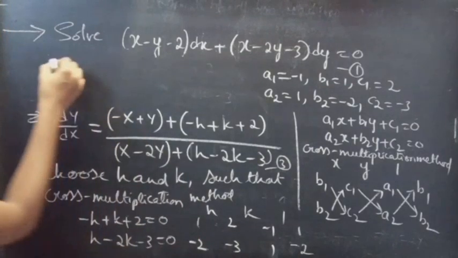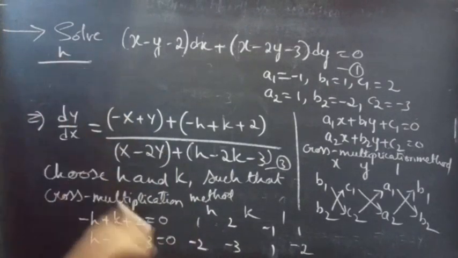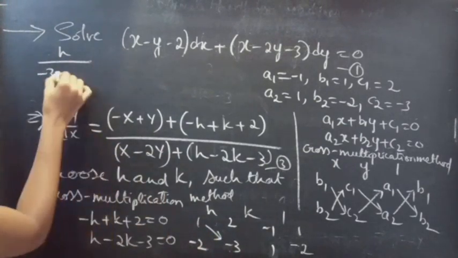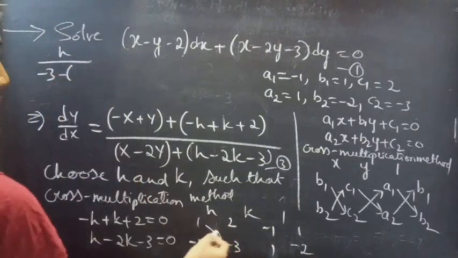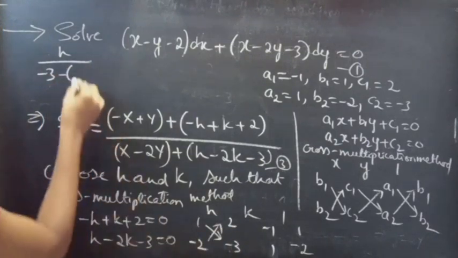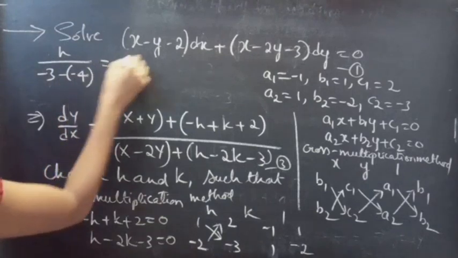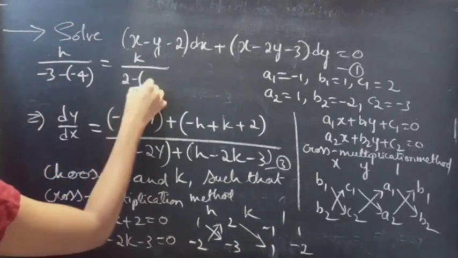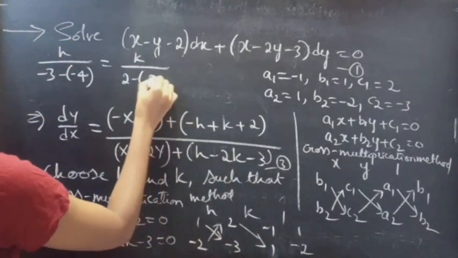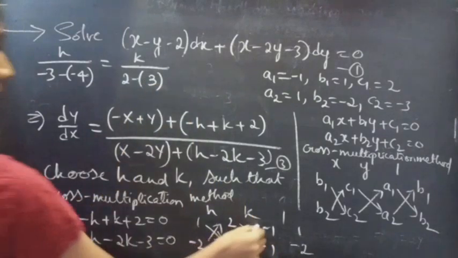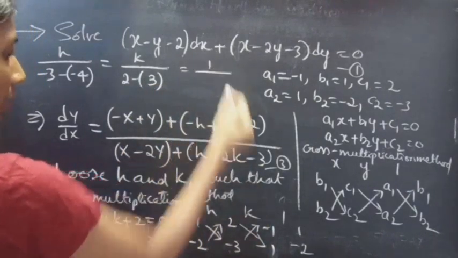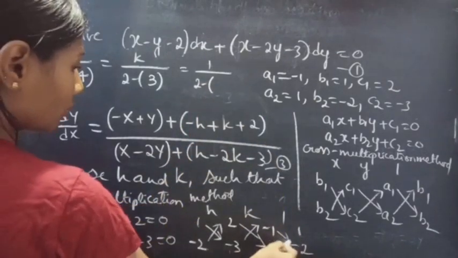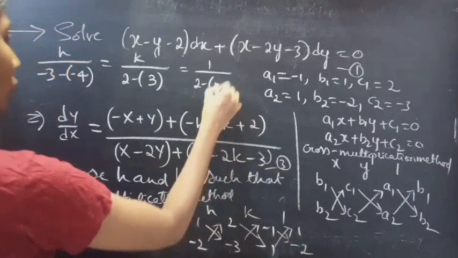Now this becomes h by (1 into minus 3 is minus 3, minus of minus 2 into 2; minus 2 into 2 is minus 4) equals k by (2 into 1 is 2, minus of minus 3 into minus 1, which is 3) equals 1 by (minus 1 into minus 2 is 2, minus of 1 into 1, which is 1).